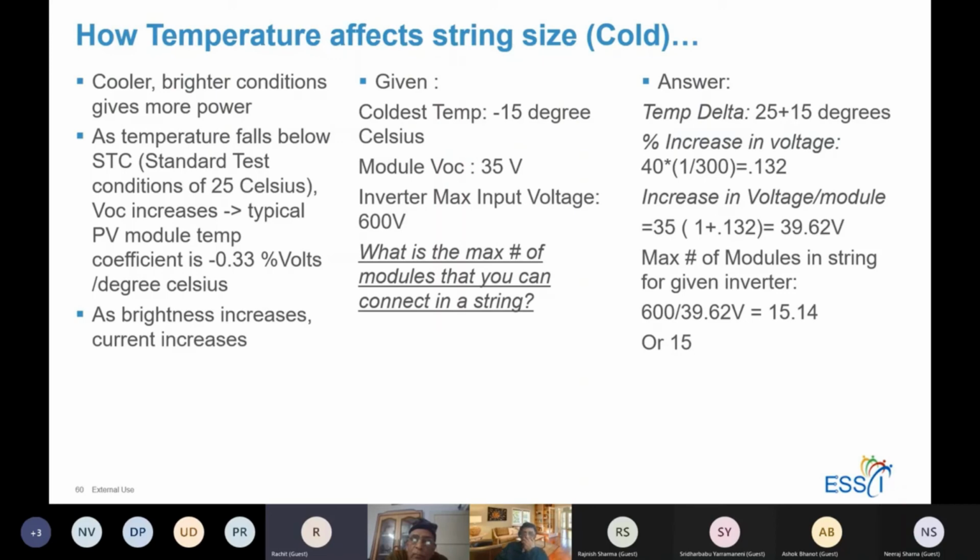So for example, in this case, we take STC conditions at 25 degrees Celsius. Suppose you take the example of Chandigarh. In summers, Chandigarh is very hot. So the weather data set of that region will be taken into accordance. You won't be able to enter it manually. The system will calculate it automatically.